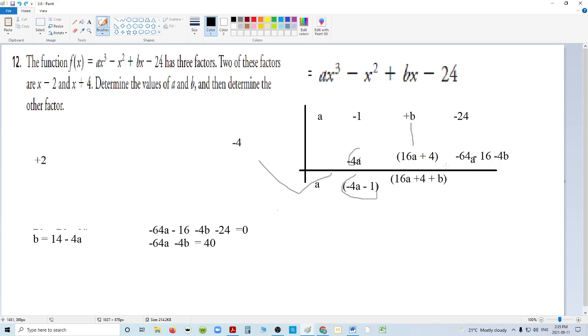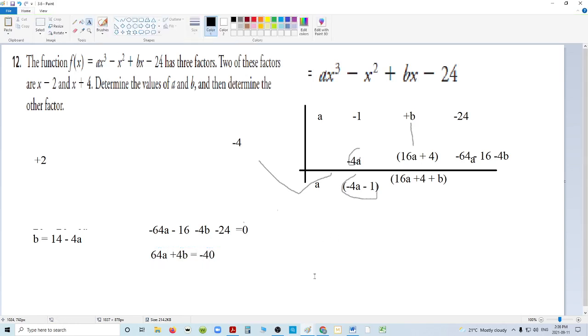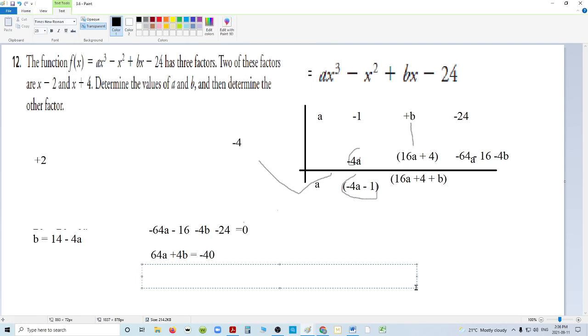Minus 4b minus 24 is equal to 0. Okay. Put it all on the same side. Let's put 64a plus 4b on the other side, equal to minus 40. There we go. I think I just might have forgotten to divide by 4 there. So now if I divide by 4, I get this.